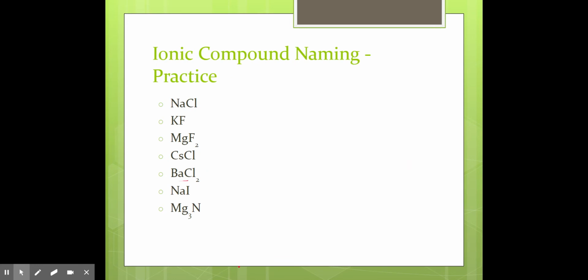Let's do a few of these together. Let's skip the first one and do this one and this one together. On our periodic table, Mg is magnesium. F is fluorine, but you're going to drop the "ine" and replace it with "ide."